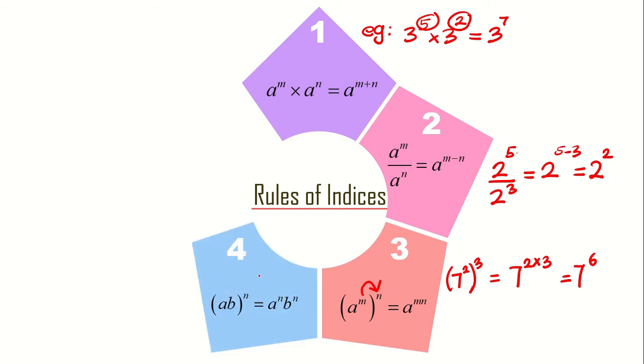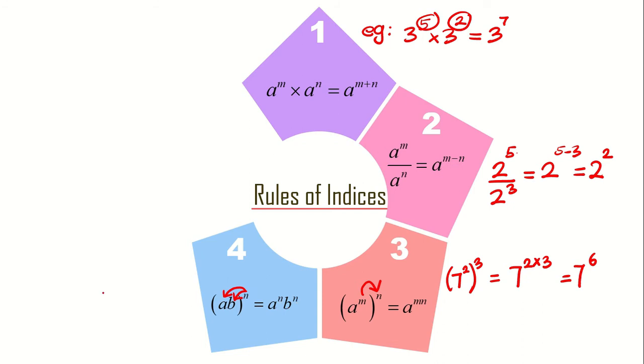Okay, the next one we have here a times b. So the base is multiplied together to the power of n. So for this one, we can split up the base to the respective index. So we have here a to the power of n times b to the power of n.